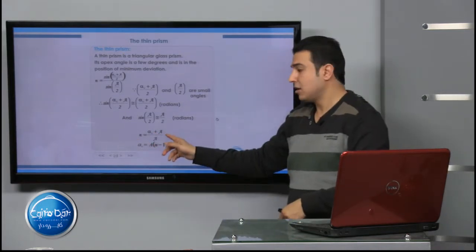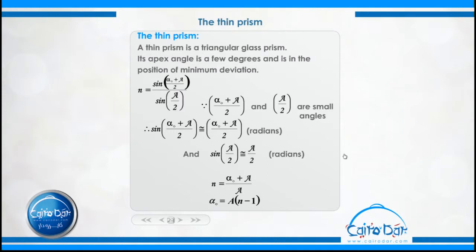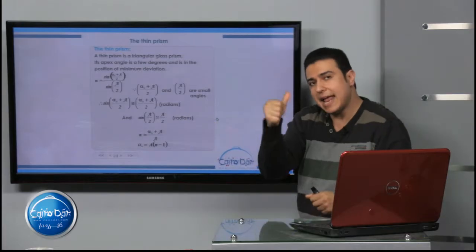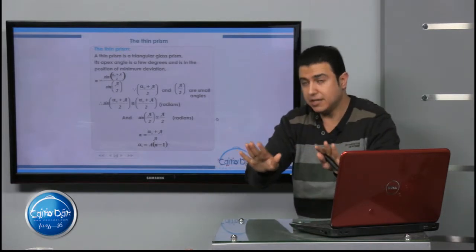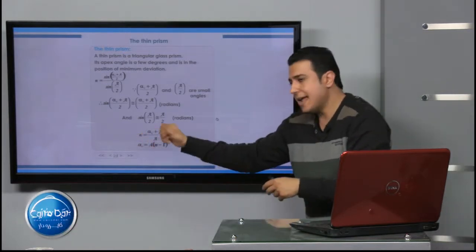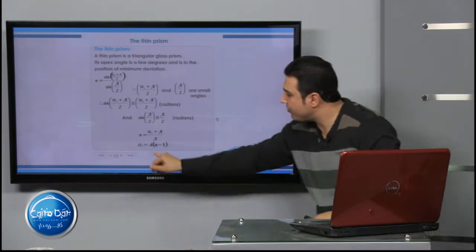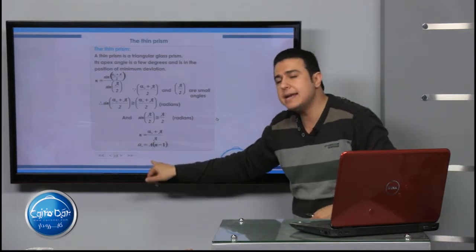After that, we move A to the other side, making alpha naught the subject: alpha naught equals nA minus A. Again, please concentrate very well. n equals (alpha naught plus A) over A, so when we cross multiply, alpha naught plus A equals n times A. Alpha naught only equals nA minus A. After that, we take A as a common factor, so alpha naught equals A times (n minus 1).